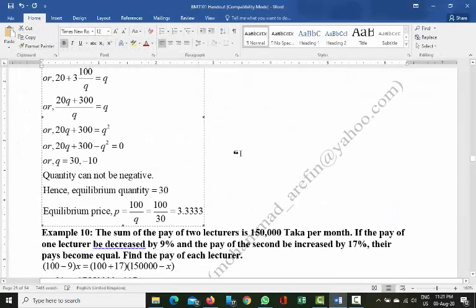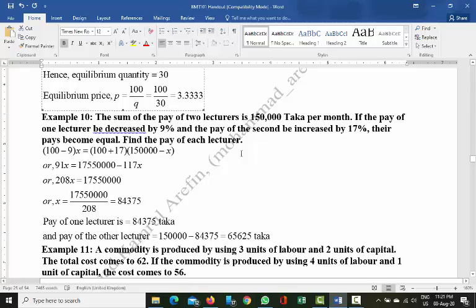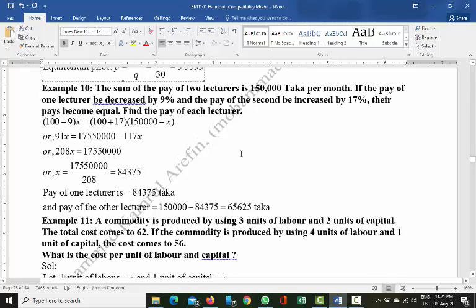Right, now we will solve the next question. Question number 10. The sum of the pay of two lecturers is 150,000 taka per month.